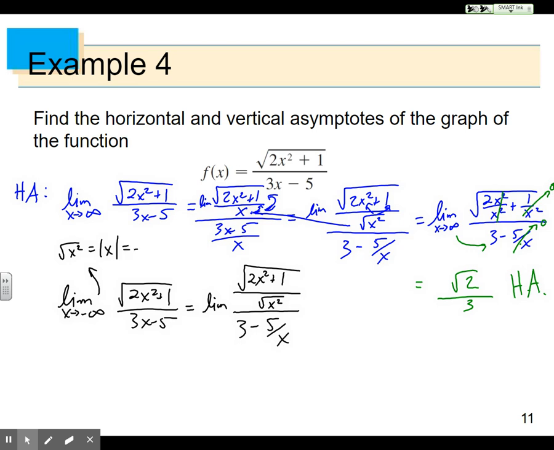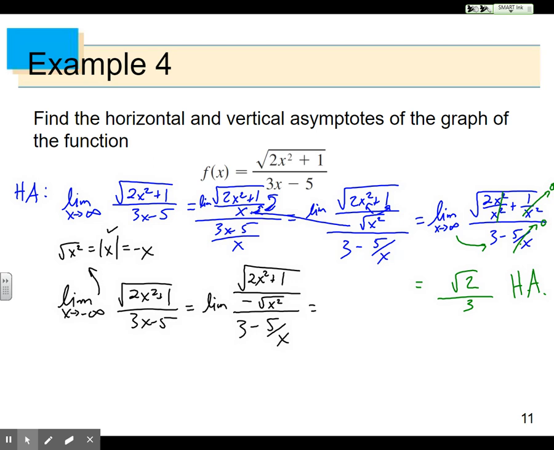And if x is negative, that takes on the piece that has a negative in front of that x, meaning that this will have to have a negative. That's really weird how that works, but it all goes back to my piecewise function that defines the absolute value function of x.